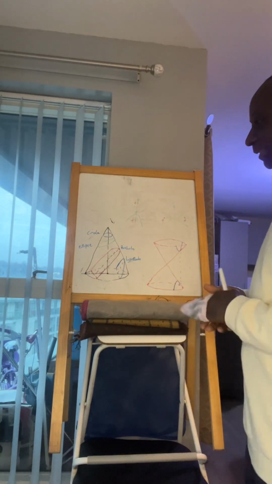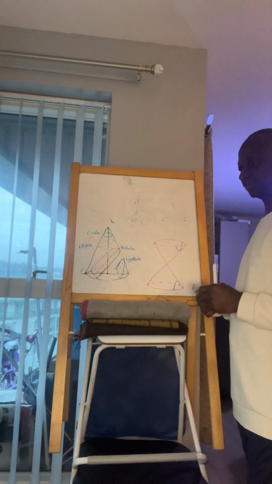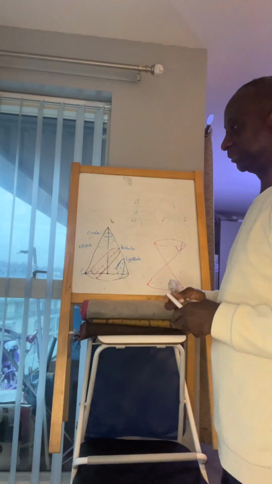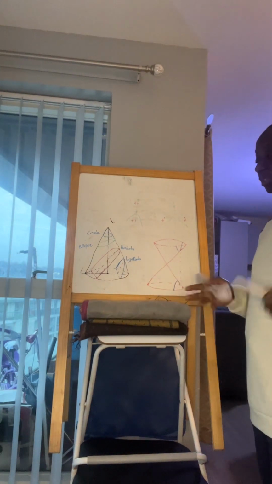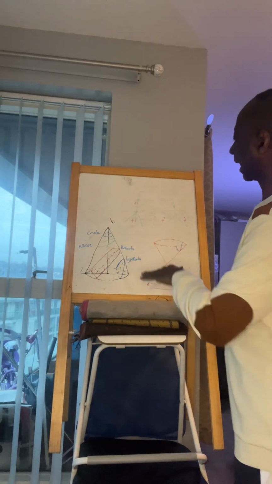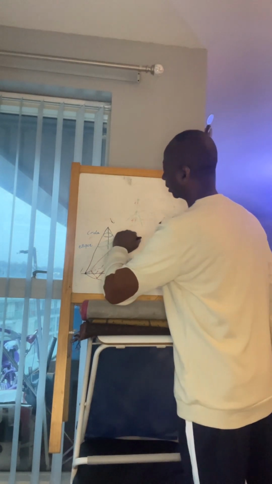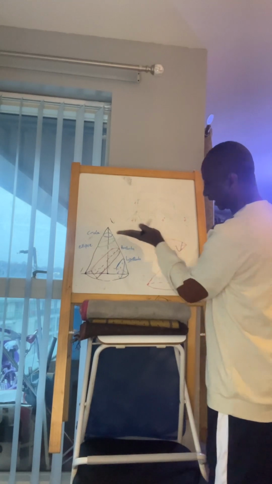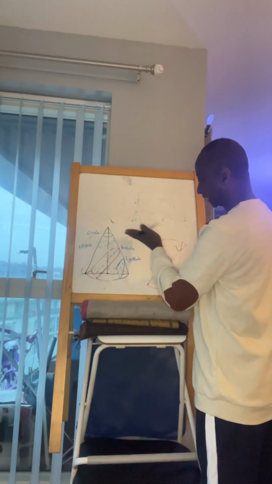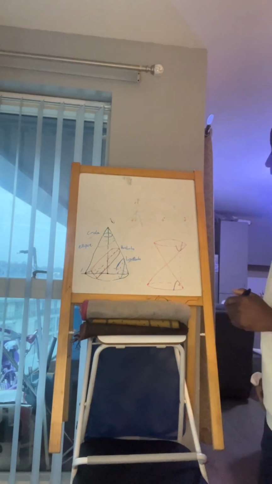If you take a plane, a three-dimensional object is just a plane, and you cut this cone, or you slant that plane through the cone, what would you get?